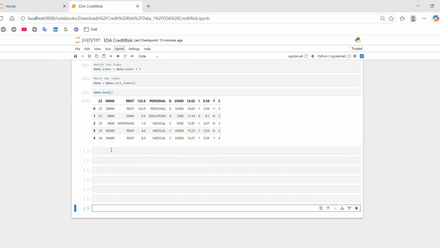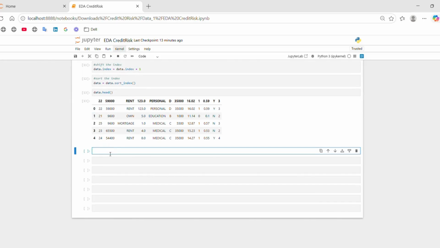Now the task is to change the column names only. We do have the data now. So for that we'll do data.columns equal to, first column would be, let's say, person age.